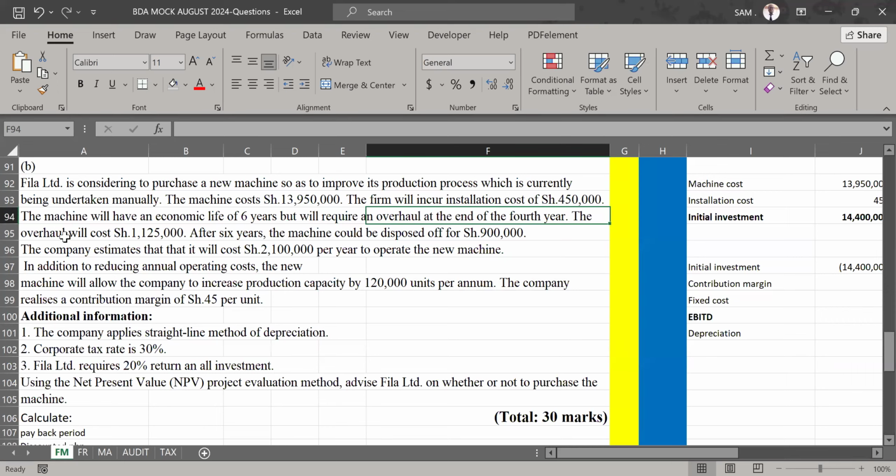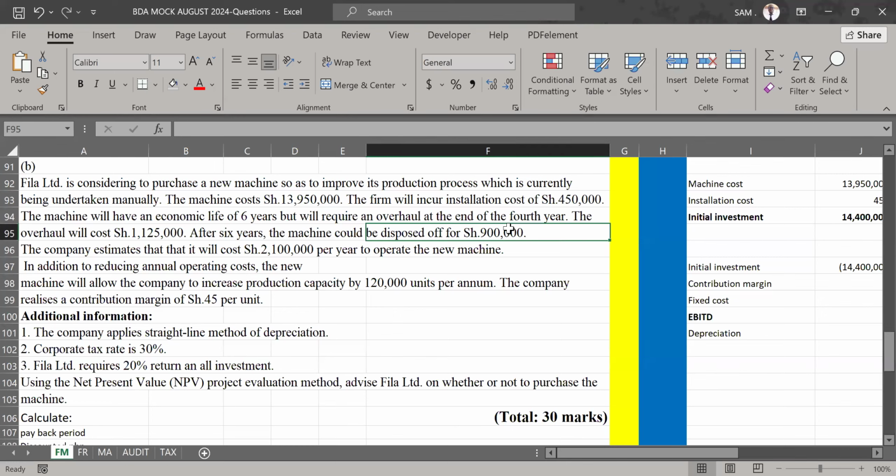We will spend 1,125,000 shillings to bring this machine back to its right position to keep up with the production level that we expect. You get that picture? Then, at the end of the useful life, that is at the end of 6 years, we will still be able to sell this machine, dispose of it, and get a return of 900,000 shillings.